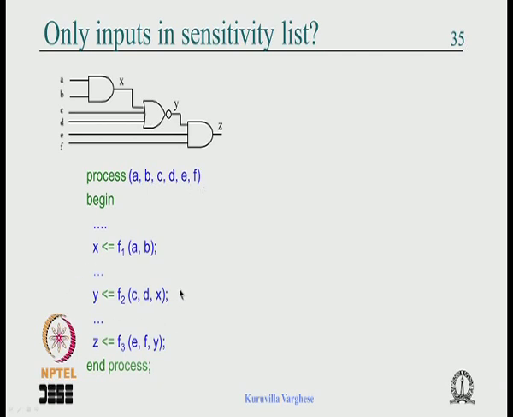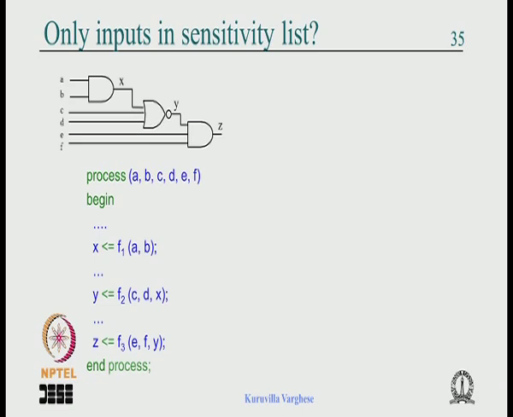Then you have no internal signal and this works, but whenever there is an internal signal, for proper simulation to happen you have to put the internal signal in the sensitivity list of the process. That is what I said, please keep that in mind.